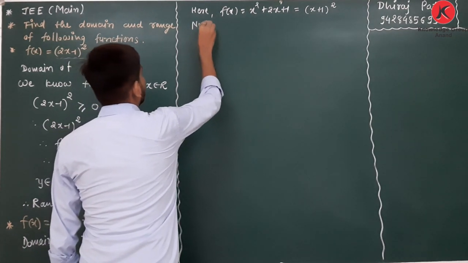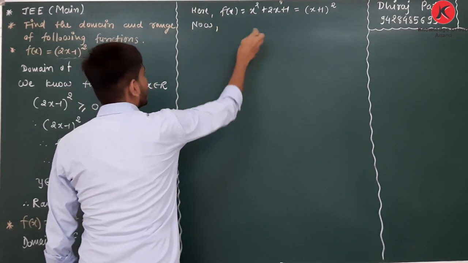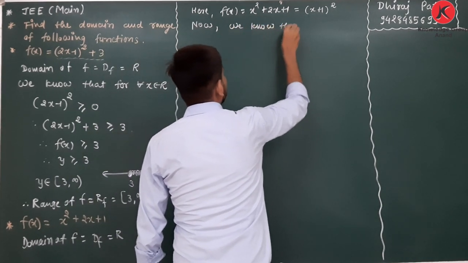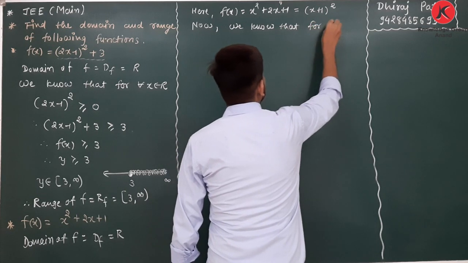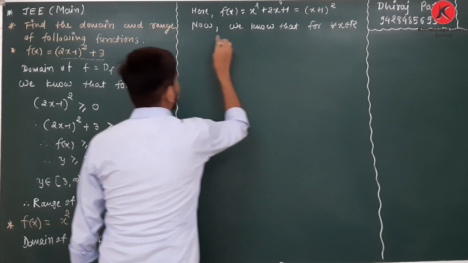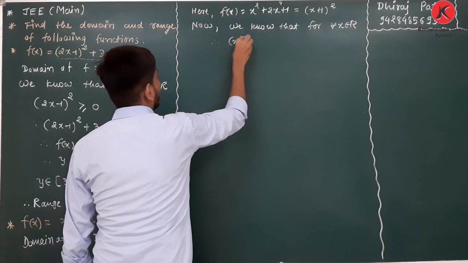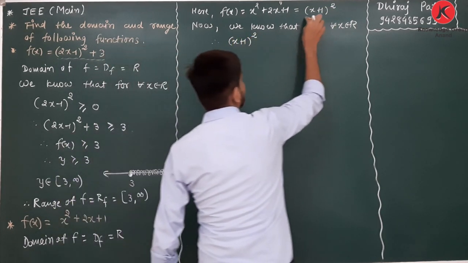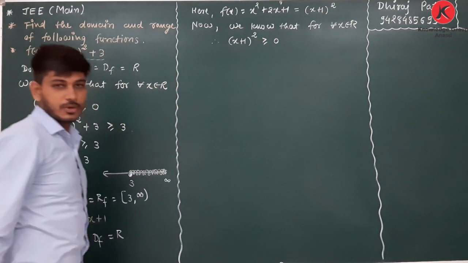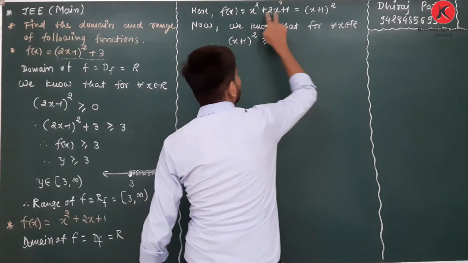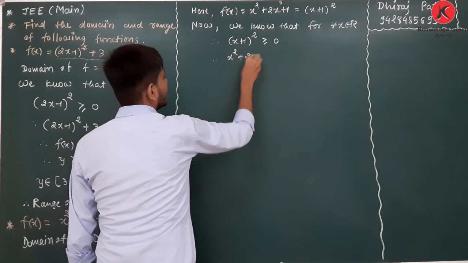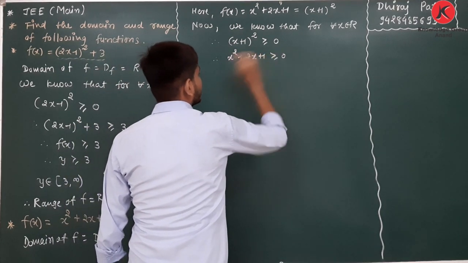Now we know that for every x belongs to R, the perfect square term means x plus 1 whole square. This term is x plus 1 whole square, which is greater than equals to 0. And we know that this is equals to x square plus 2x plus 1, which is greater than equals to 0.